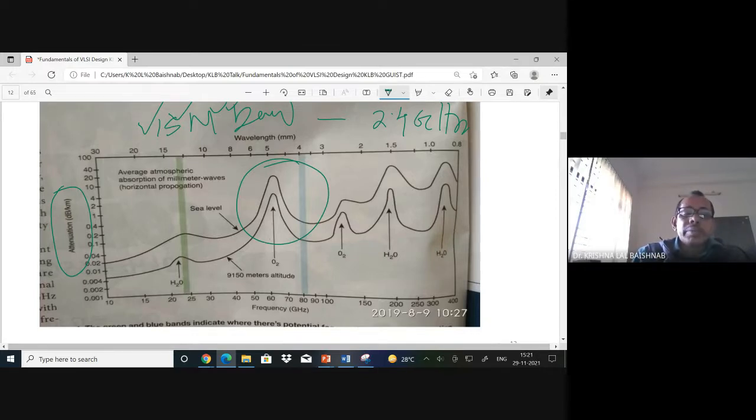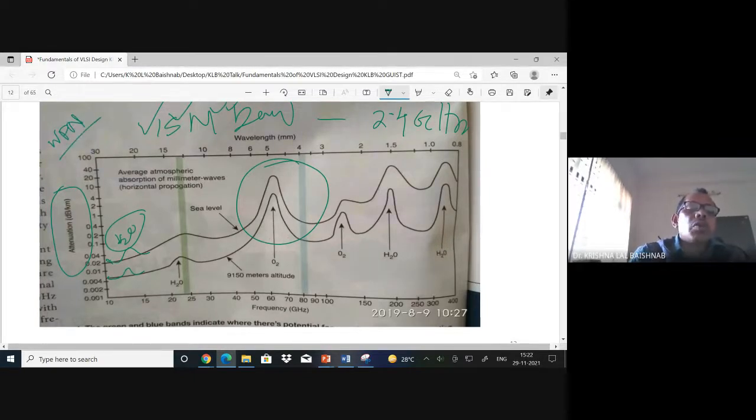Now, why the ISM band? The ISM band is also not shown here. At 2.4 gigahertz, there are certain peaks, not shown over here. Those peaks are basically affected by water molecules and oxygen molecules, so those are not suitable. So the Government of India has given 2.4 for the wireless personal network.